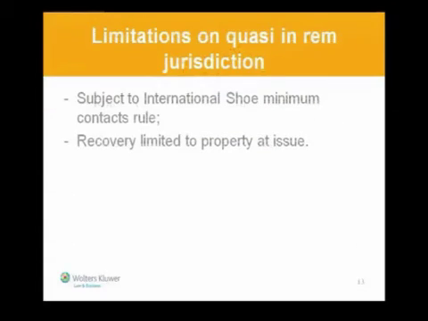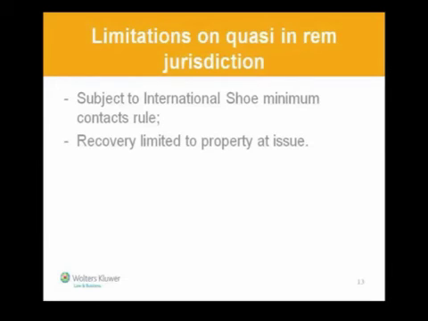There are a couple of things we need to understand about quasi-in rem jurisdiction. First, it is subject to the International Shoe minimum contacts rules we will discuss in a moment. In other words, in the case I just described, if defendant had no connections with California other than the boat docked there, it would be highly unlikely that the court would conclude that she could be sued in California for a claim that has nothing to do with the existence of the boat in California.